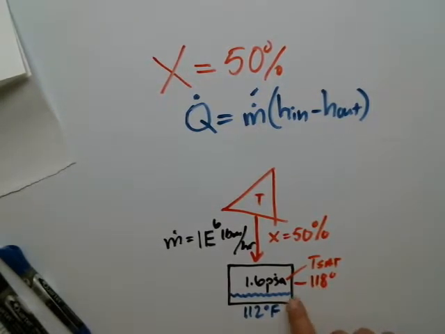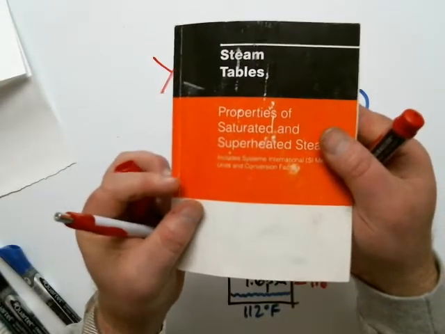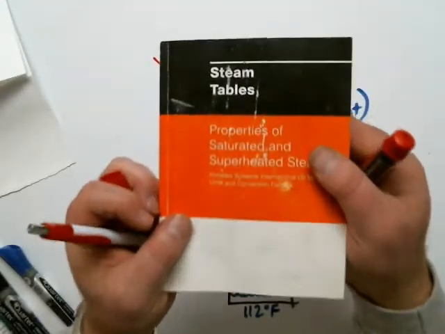But I want to look up the energy to figure out the outlet enthalpy. I need to know the enthalpy of subcooled water. I don't have subcooled tables here, but this is how we're going to use the steam tables as subcooled tables.